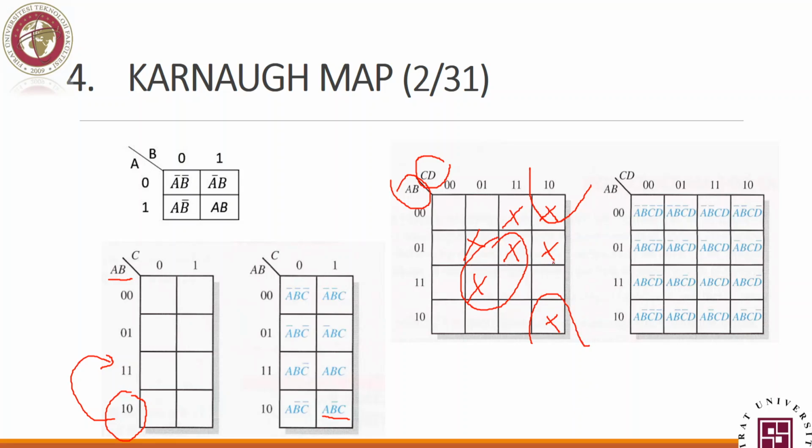Imagine you hold this as a square in your hand and you fold it. You fold it means what? You pull this side back here, down here, and you pull this side down here. You fold them. So this cell with this one are also neighbors. And the same goes, like if I have these two here, these two with these two are also adjacent, which can be folded together.